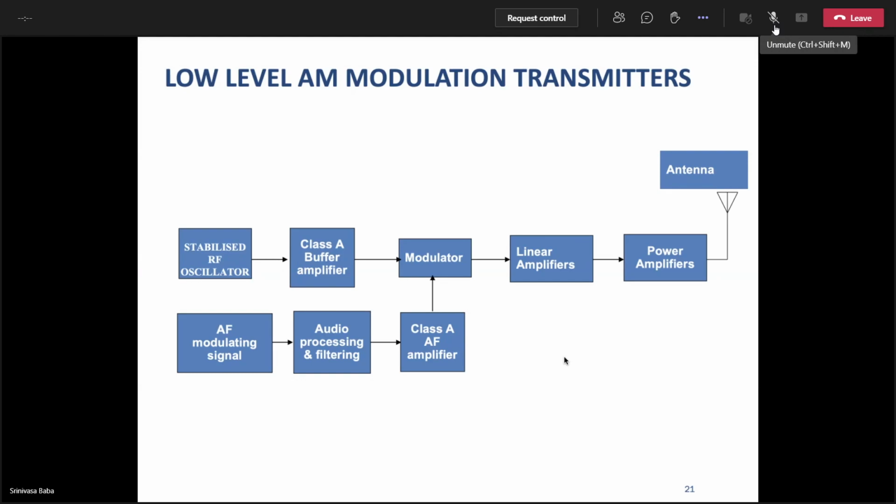The shape of the AM signal will be distorted. And if the shape is distorted at the transmitting end itself, then if I transmit that distorted signal to the receiver, at the receiver, if you try to recover the original signal, you may not be able to recover the actual signal, the original AF signal. You will be recovering a distorted signal only.